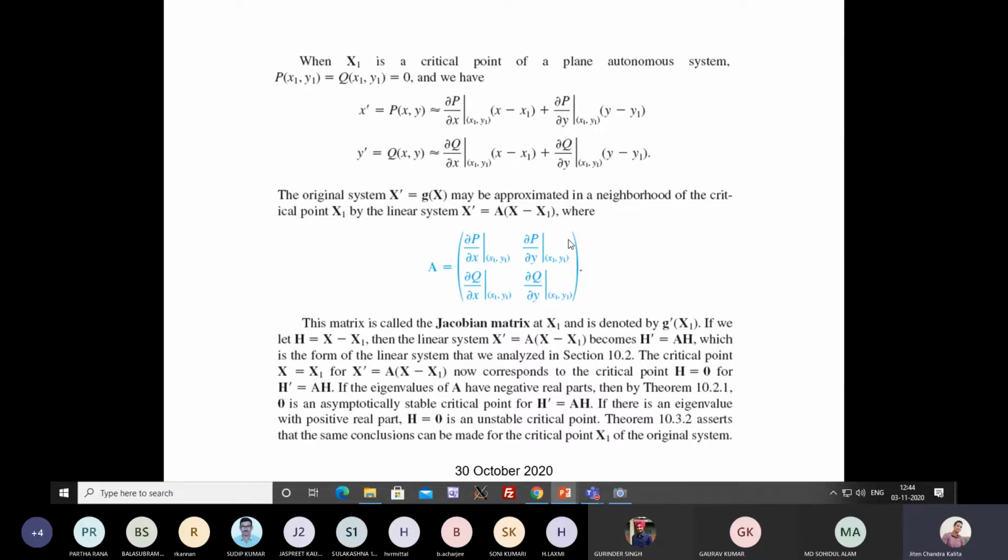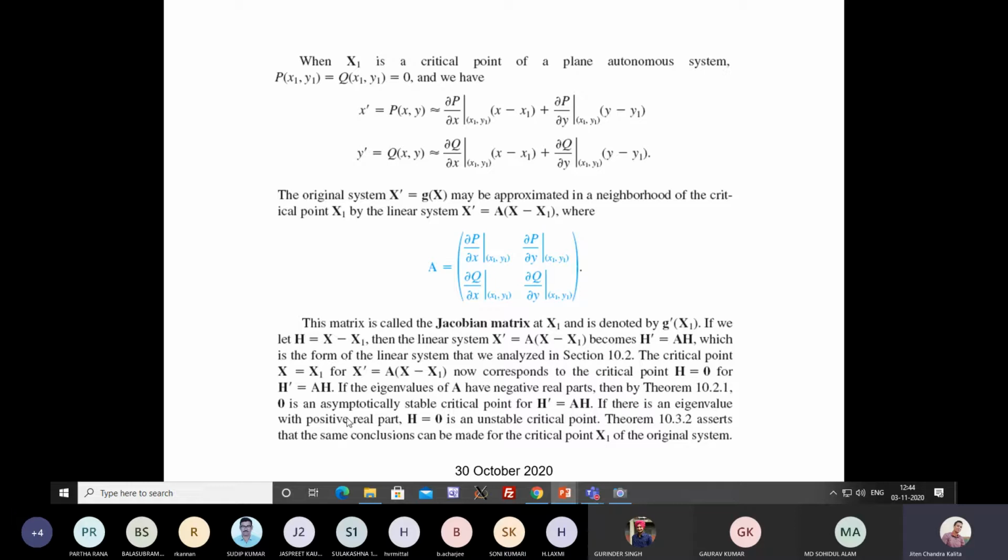I mean, it is up to you, but I think you should adhere to the original. You try to remember it like this. As I have told you, I have made a transformation, and eventually this is what happens. So then, what is going to happen for this system h prime equal to A h?